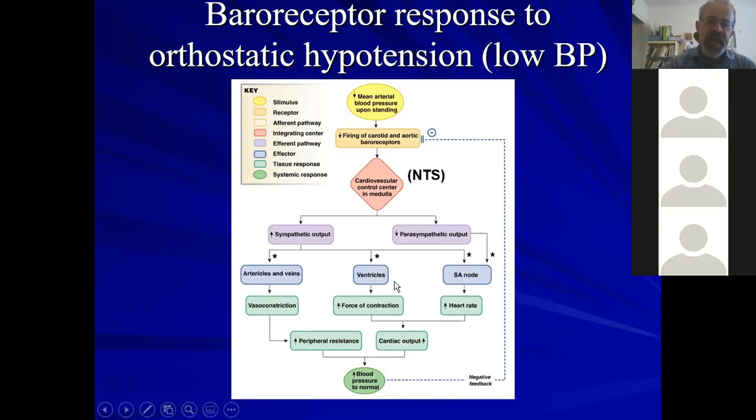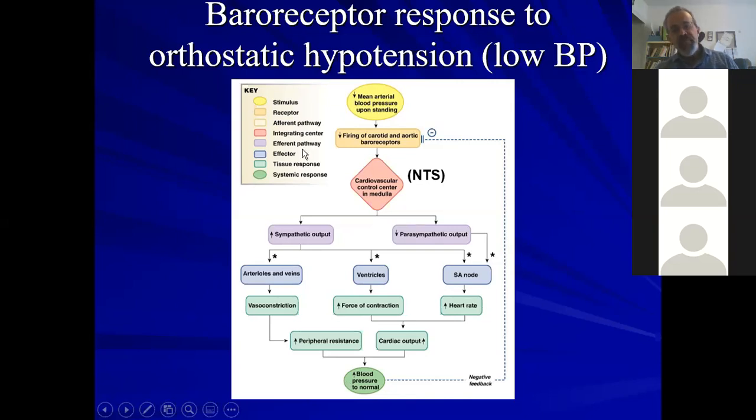We're going to get an increased force of contraction due to the increase in sympathetic output. We're going to get a vasoconstriction, which is going to make it more difficult for blood to leave the arteries. It's going to cause a buildup of pressure, and we're going to get an increase in heart rate. So increased cardiac output by these two, increased resistance, and now we're going to get blood pressure back to normal.